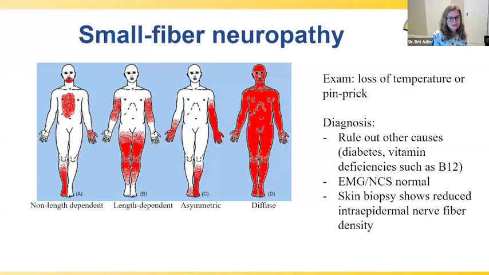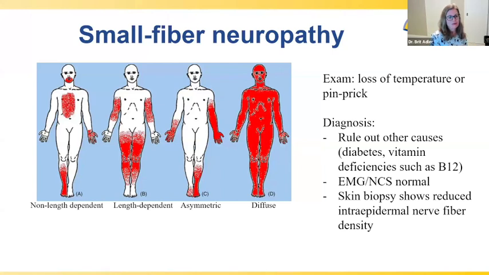But in Sjögren's, we can also see non-length dependent small fiber neuropathies. This has a patchy distribution. So patients will get nerve involvement in patches. It can be on the face, the chest, the leg, the arm, and there isn't a clear distribution. And then some people just have diffuse neuropathic involvement.